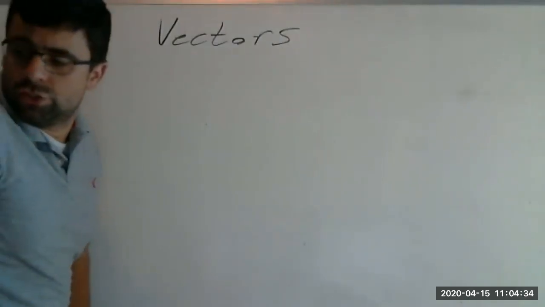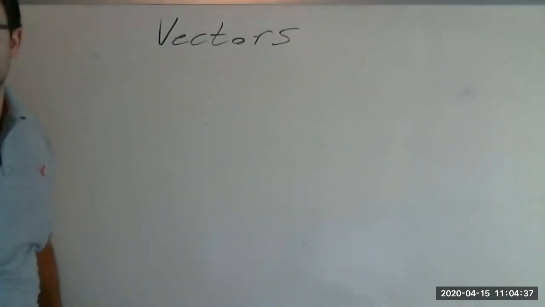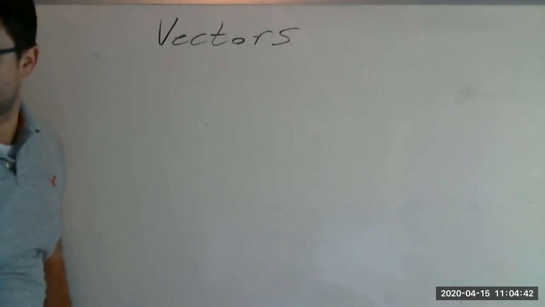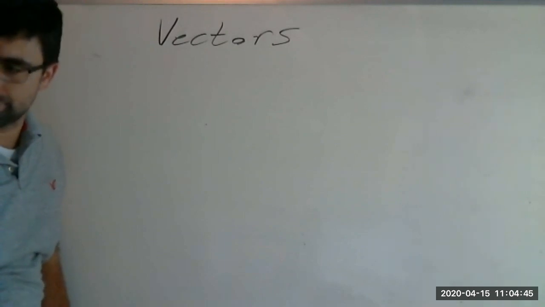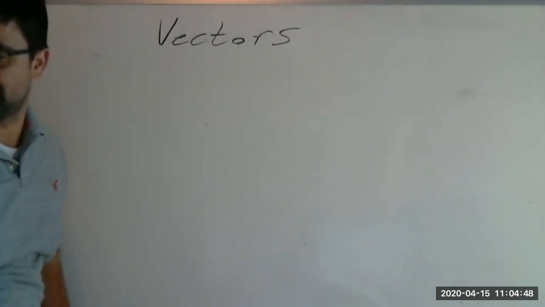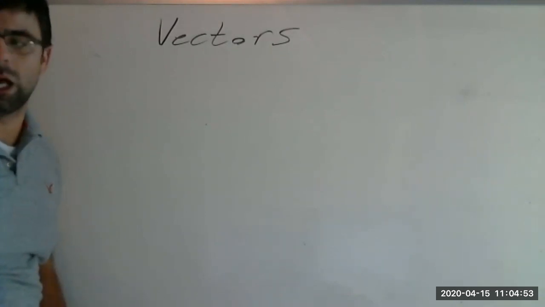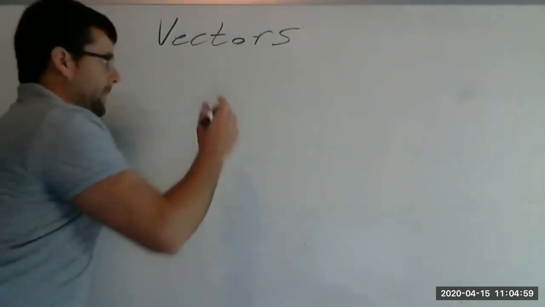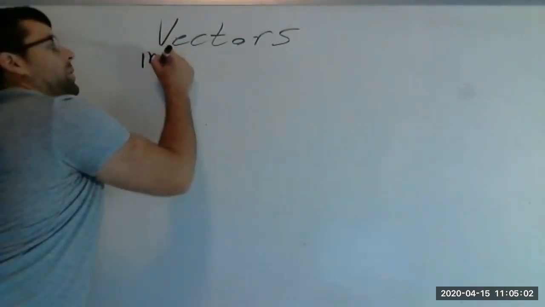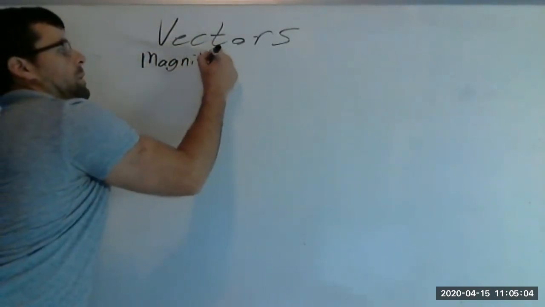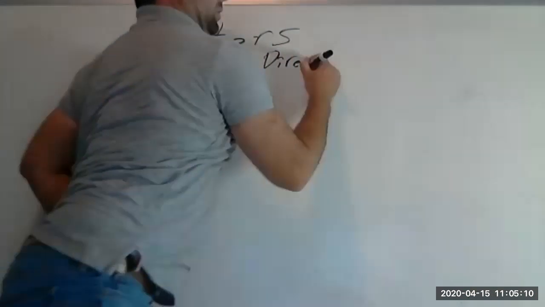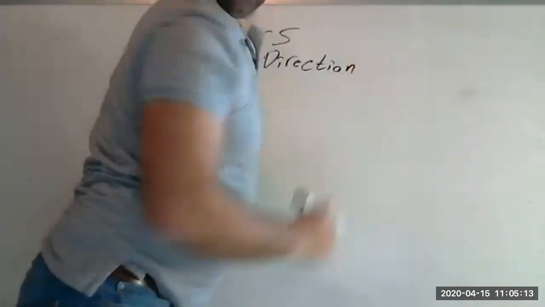And there are two main things that every vector has. What are they? The two things that every vector has. A right angle. No. Magnitude and direction. Yeah. So a magnitude and a direction. These are the two things that define what a vector is.